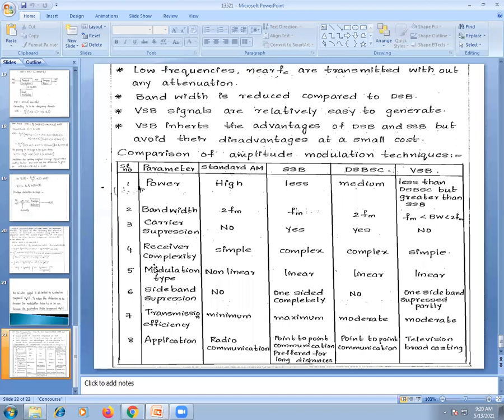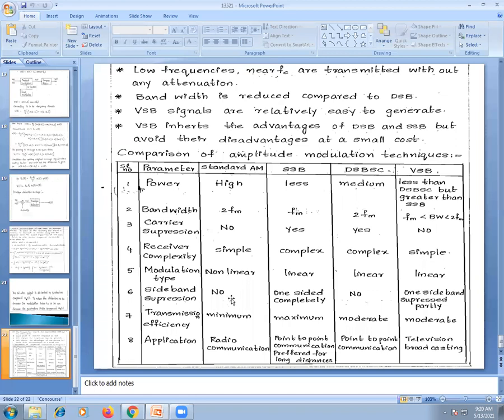And the fourth one is receiver complexity. In AM the receiver is simple to design, in SSB the receiver is complex to design, in DSB-SC the receiver is complex to design, and in VSB it is simple to design. And modulation type. In AM it is non-linear, SSB is linear, DSB-SC is linear, and VSB is also linear. Then sideband suppression.